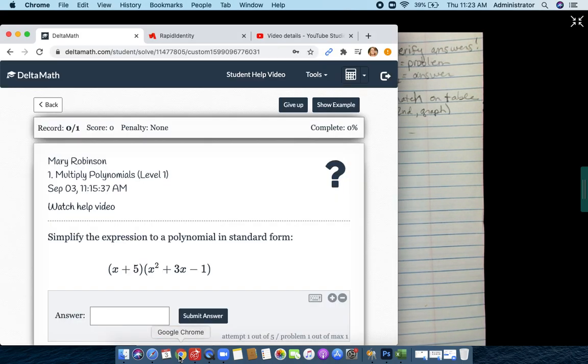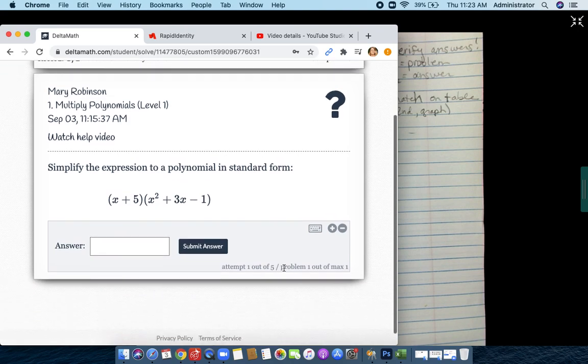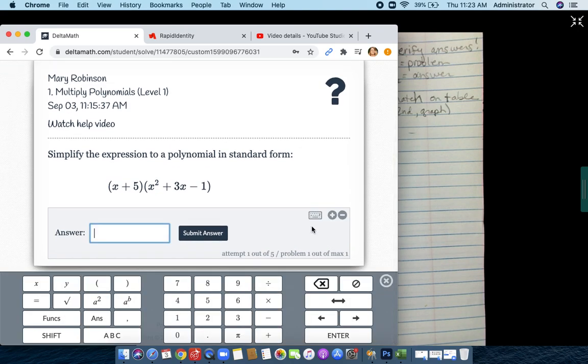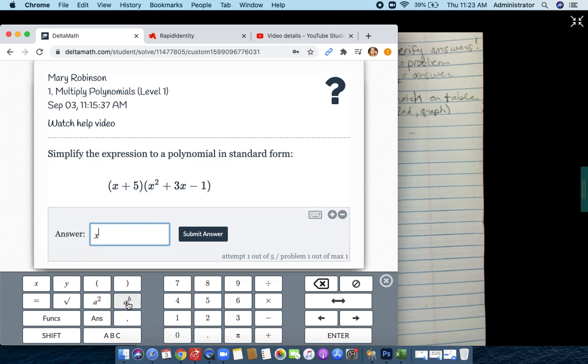So let's go up here. And now we're going to type in the product. Again, I can choose to use that if I'd like. But notice I'm doing x to the third power, and there's not a third power, so I'll show you what to do. So if you're using the keyboard, you can type x, and then see where it says a to the b power? It's just not going to put an exponent in there, and then I can hit 3, then the right arrow, then plus 8x.